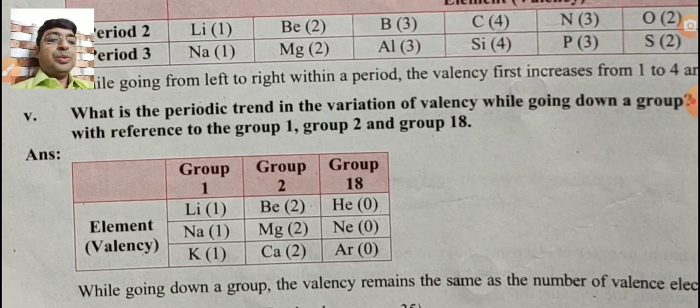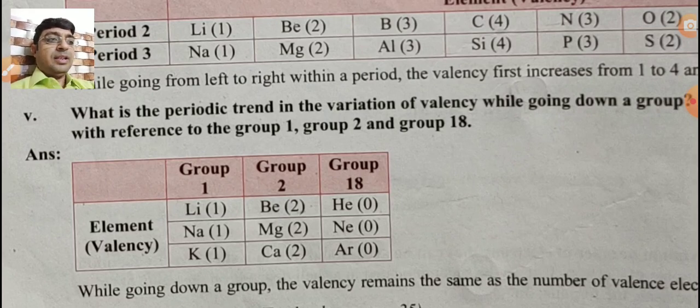Group number 2 means 2 electrons are present in their outermost shell. Which elements are there? Be, beryllium, Mg, magnesium, Ca, calcium. All elements show the same valency, that is 2. And group number 18 means the outermost shells of all these elements are completely filled.